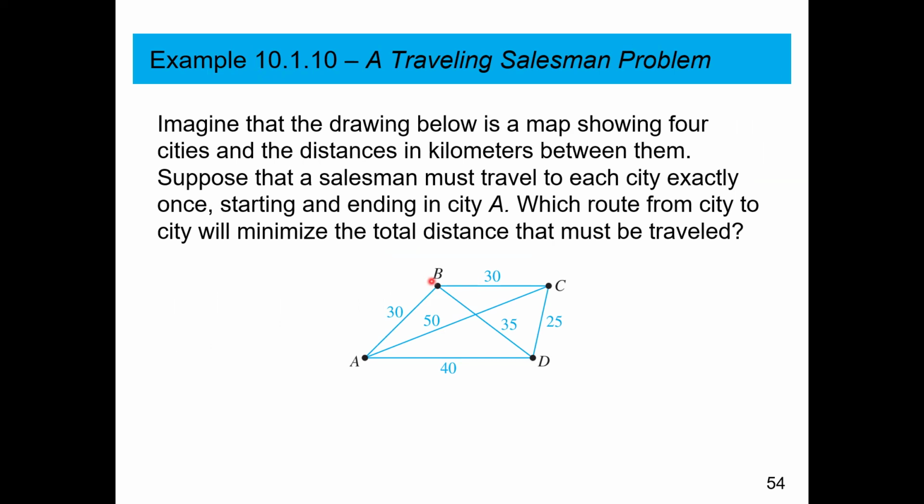So there's a lot of different paths that obviously can be done. You can go A to C to D to B to A. We can sit here and work through all these different options.